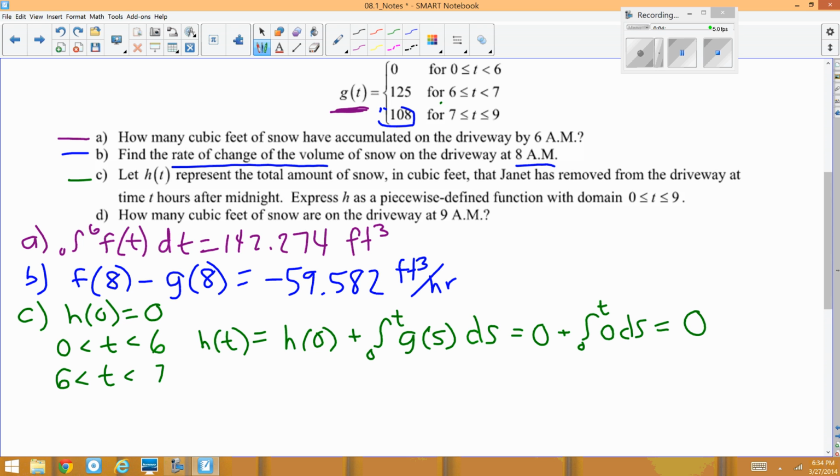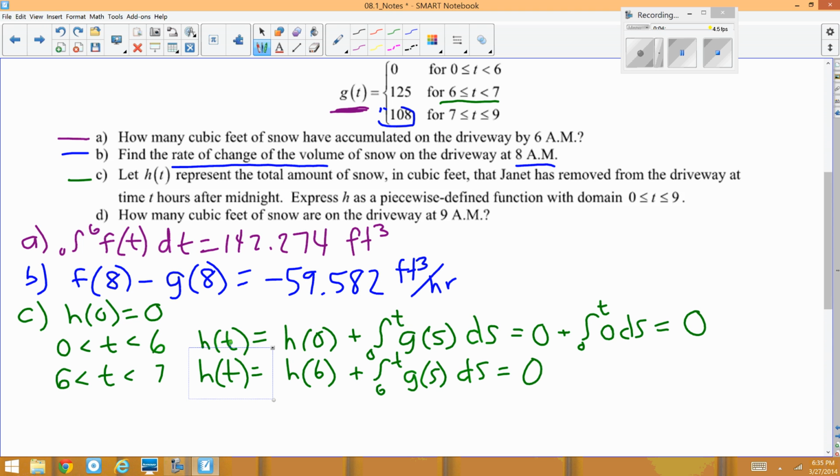And I'm picking 7 because it changes. So now we're going to start at 6, the amount of snow she's removed since 6, plus the integral from 6 to t, anywhere between 6 and 7. So it could be 6.5 hours after midnight, 7 hours after midnight. And we're talking the amount of snow. h of 6 is 0.